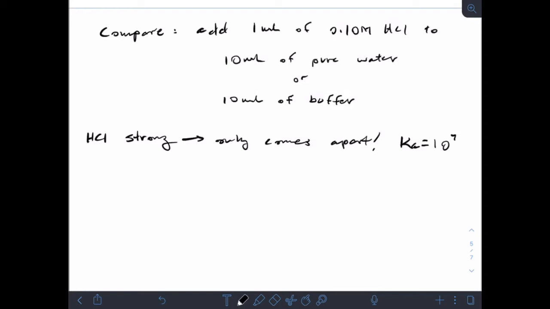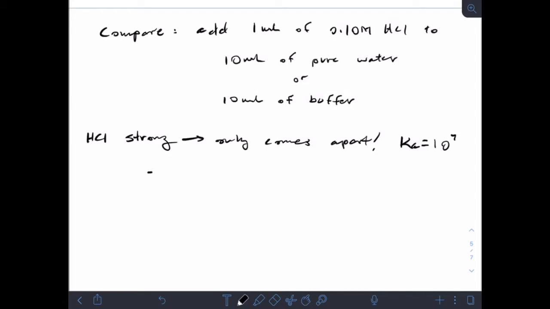Remember evaluating the magnitude of the K constant. If K is really large, pretty much only the forward reaction happens. If K is very, very small, mostly the backward reaction happens. So with strong acids, everything just comes apart because it has a large Ka.